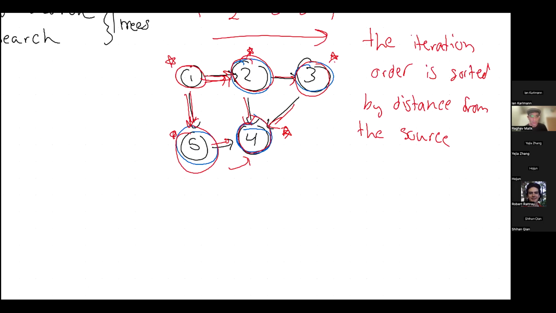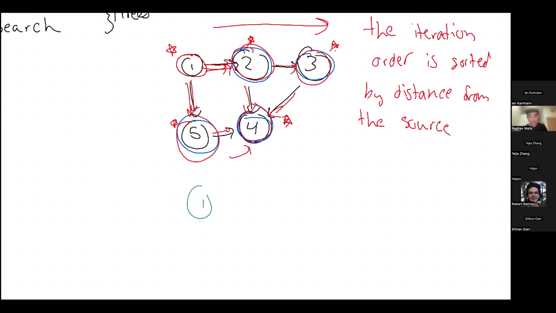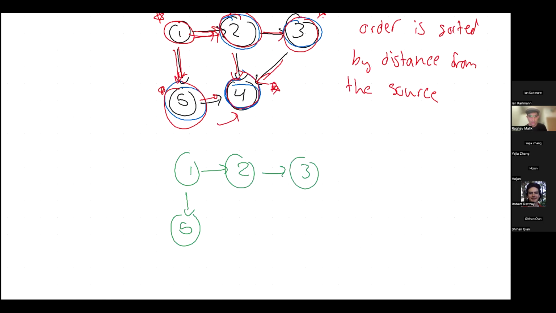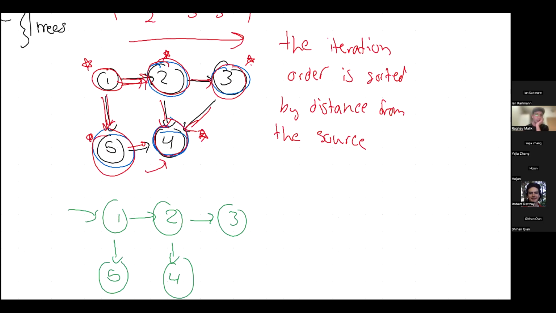So breadth first search builds, if I just look at the edges that I've visited in my iteration, what I end up with is a tree where the source vertex that I started my search at is the root. And every vertex of my original graph is contained inside this tree. But not every edge is contained inside the tree. So in particular, it's a tree, right?